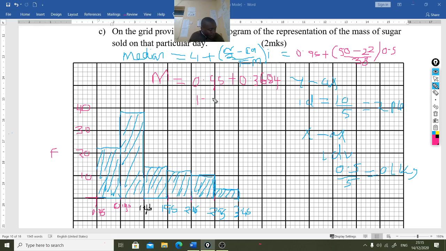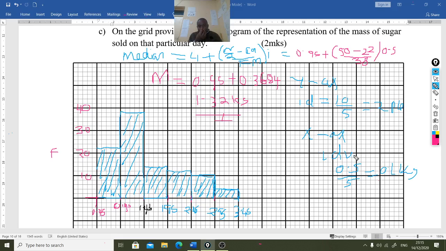Remember, we are calculating the estimate of the median mass, so it is 1.32 kgs, the median mass. That is the median, 1.32 kgs.